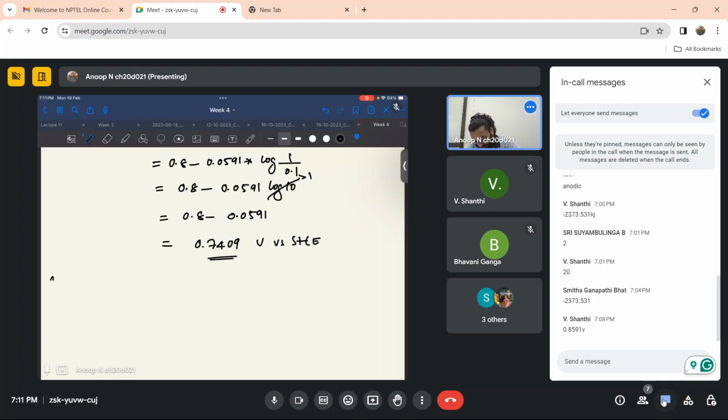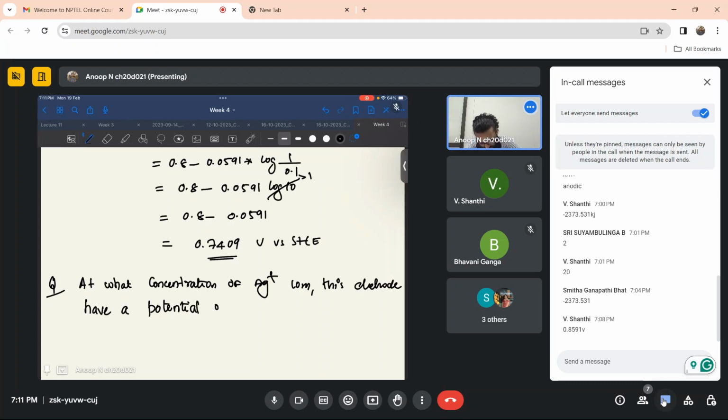That's it. Next question. Same question. At what concentration of Ag plus ions this electrode have a potential of 0 volt.